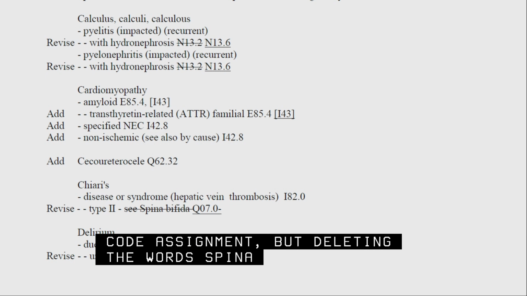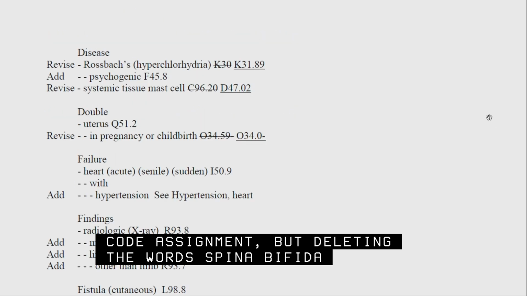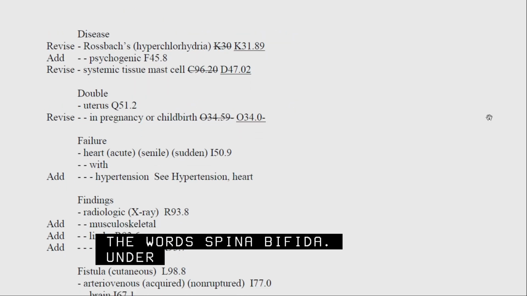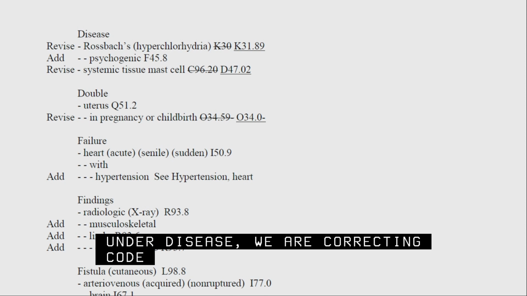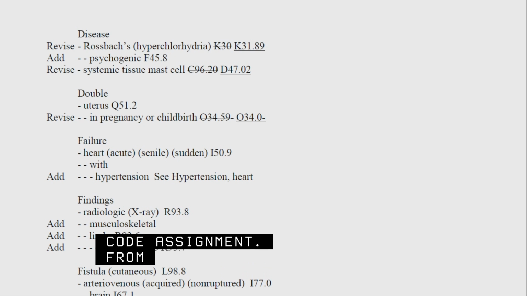Under disease, we are correcting the code assignment for Rosbach's hyperchlorhydria from K30 to K31.89. Under findings, we're adding more subterms under radiologic, for musculoskeletal limbs, and then other than limbs. As well as fistula, we are adding more subterms.